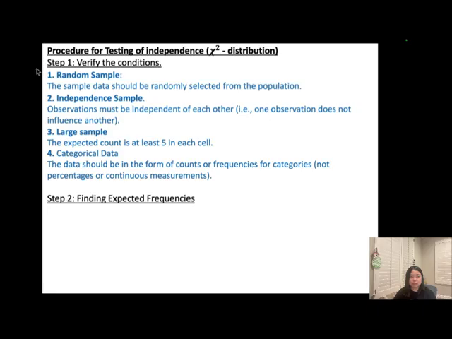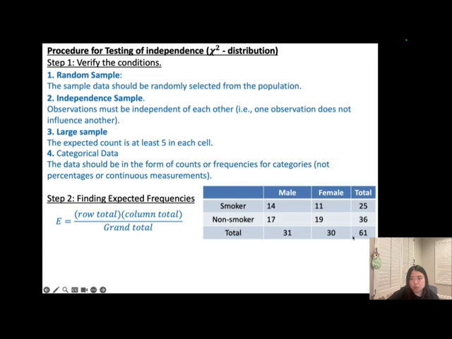Next, find the expected frequency. This is your formula: expected frequency equals row total times column total divided by grand total. Let's use this example. First, let's find the expected frequency for male smoker.